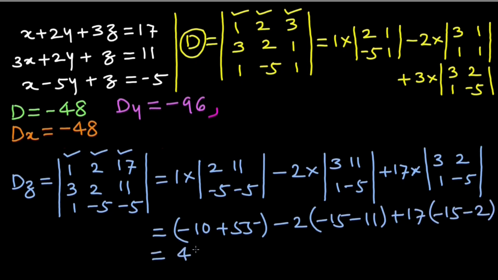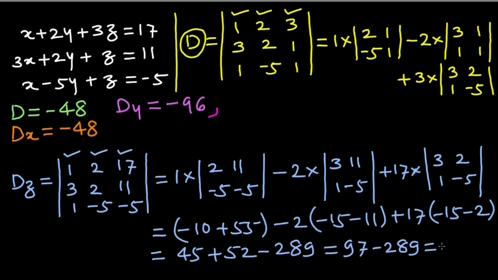It will be 45 minus 2 multiplied by minus 26, plus 17 multiplied by minus 17, minus 289. It will be 97 minus 289. It will be minus 192. So the value of Dz will be minus 192.